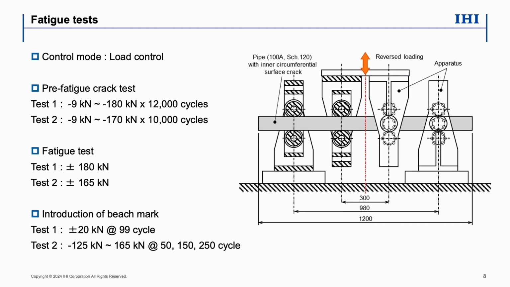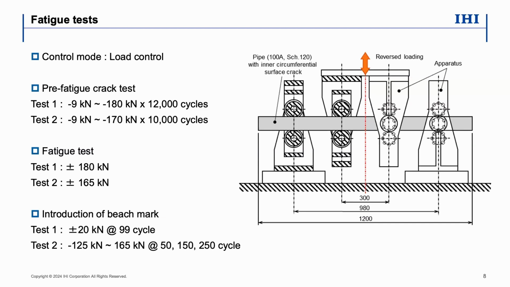We did 2 fatigue tests, and each testing condition is on this slide. At first, prior to the fatigue test, we introduced a pre-fatigue crack at the notch tip. We did 2 types of fatigue tests.